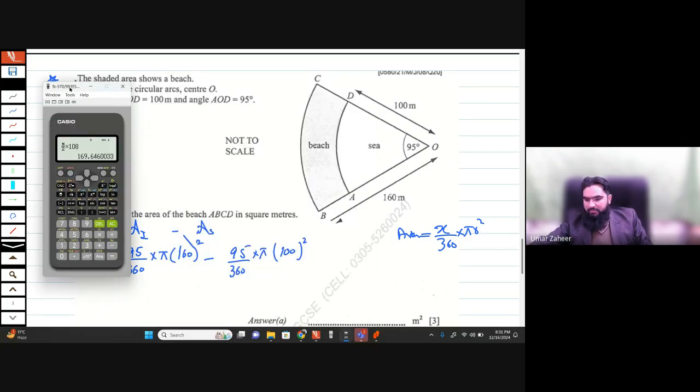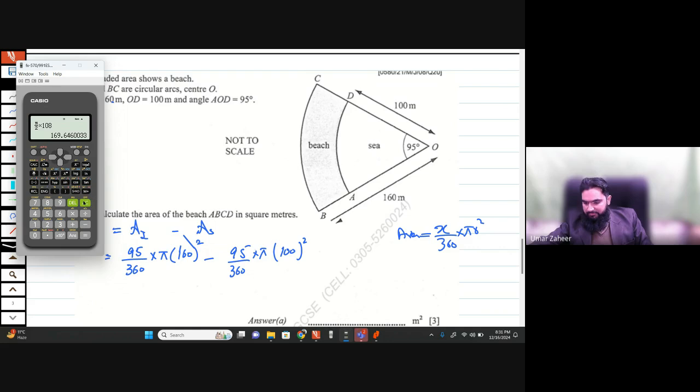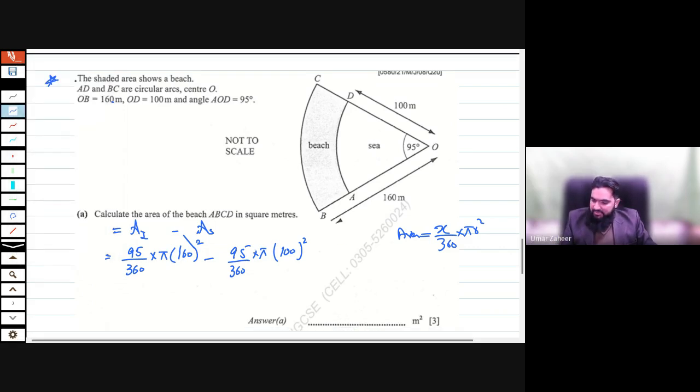Do the calculation and find the final answer. For simplification, I'm going to take 95 divided by 360 pi as common. It will be 160 square minus 100 square.